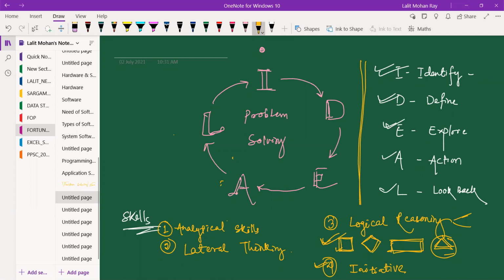It can also involve anticipating potential problems. What type of problems? What type of threats will come in this problem? How to solve those problems?